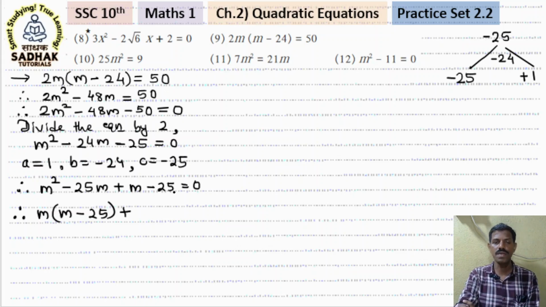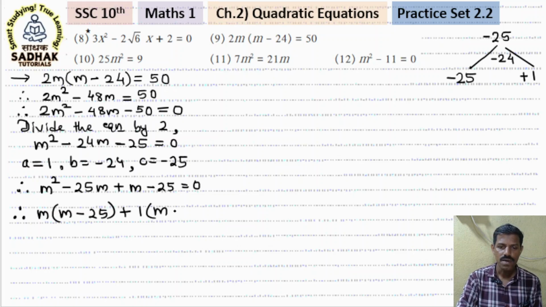Here there is m, here there is minus 25. So when there is nothing common, we have 1 as common. So let us take that 1 common outside. So that will leave m minus 25 inside the bracket. Okay, so this common binomial m minus 25 we will take it outside, and then the remaining things we will write inside the bracket.